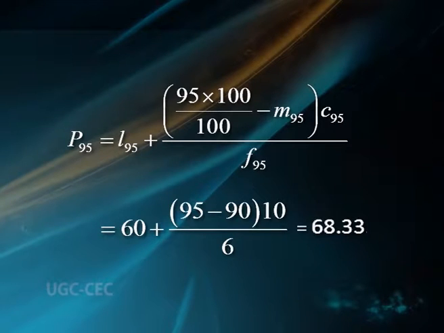Note that the observations from 91st to 96th are coming in the class 60 to 70. Hence, using the following expression for the 95th percentile, we get P95 equals L95 plus (95 into 100 by 100 minus M95) into C95 divided by F95, that is equal to 60 plus (95 minus 90) into 10 by 6, that is equal to 68.33.